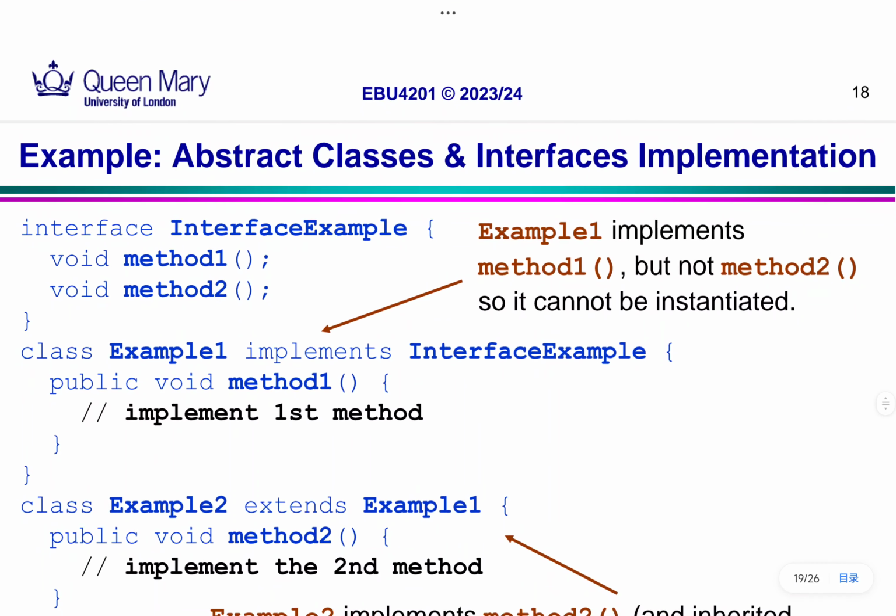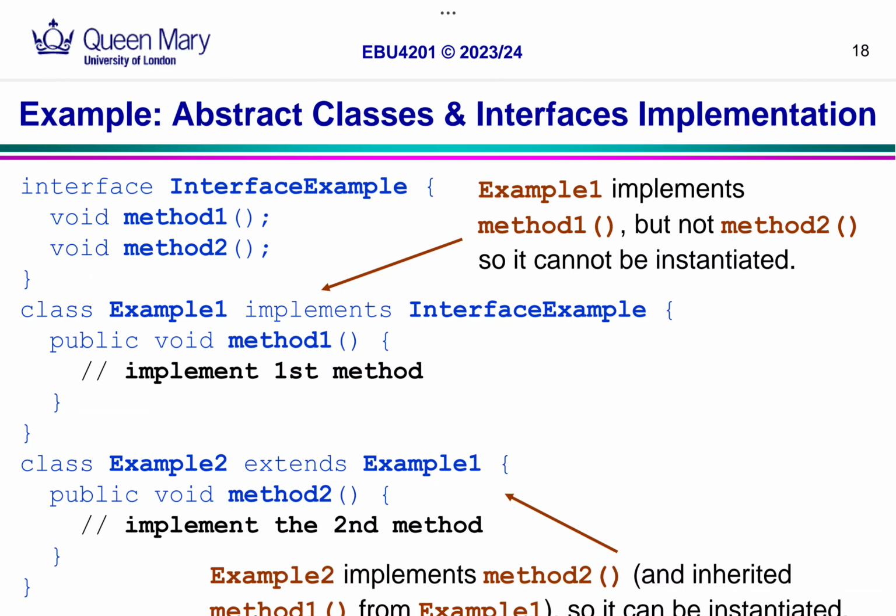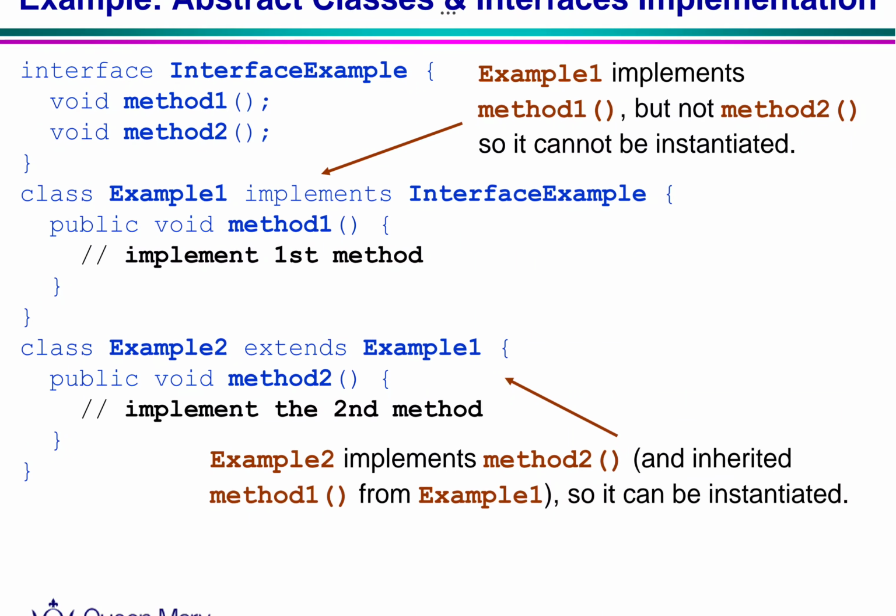Abstract class versus implements. Okay, I think it's not a big deal. We just need more examples. One implements the interface, and the public method is implemented. This is also implemented in Example1. Now Example1 becomes an abstract class.